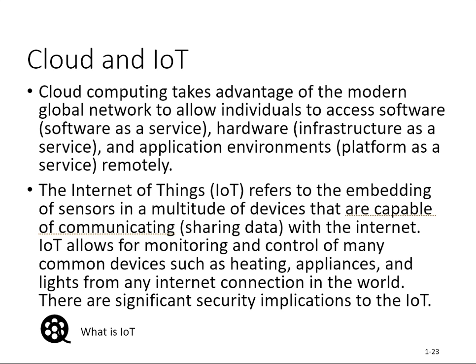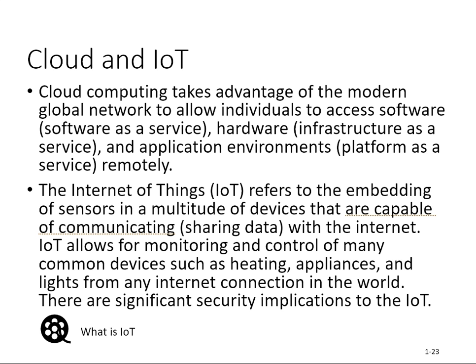Then the Internet of Things refers to the embedding of sensors in a multitude of devices that are capable of communicating or sharing data with the Internet. Like a refrigerator with sensors can automatically check what you have in it, and it can also automatically order groceries for you.